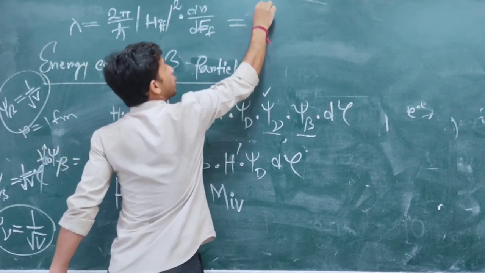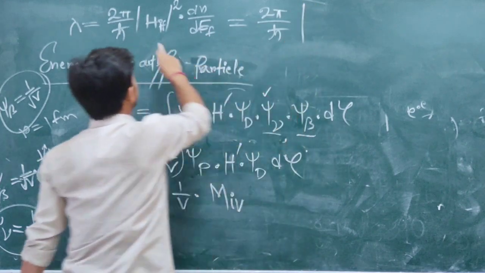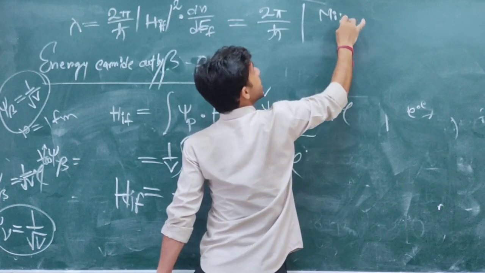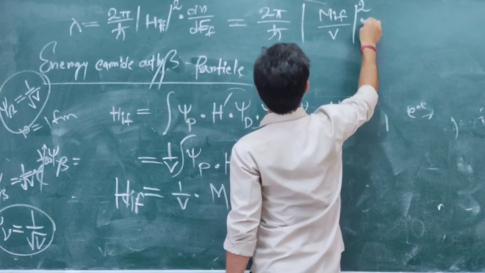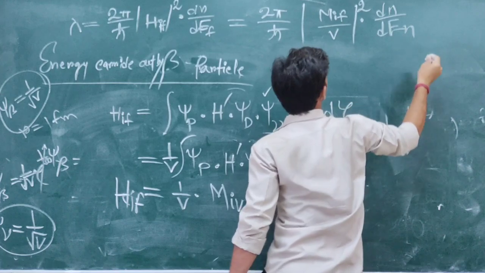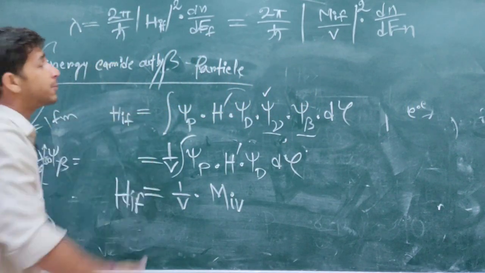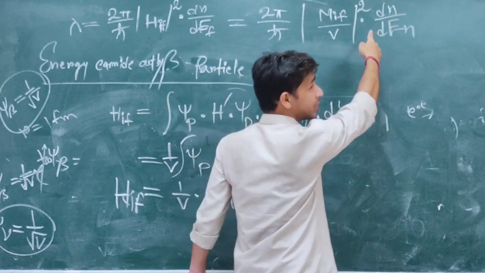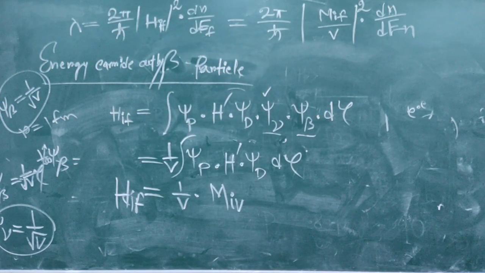So you will get 2 pi divided by h cross, and this H_if is equal to M_if divided by V mod squared times dn divided by dE_f. Till now we have calculated the value of H_if, and now we have to calculate the density of states, that is dn divided by dE_f, and we will do that in our next lecture.